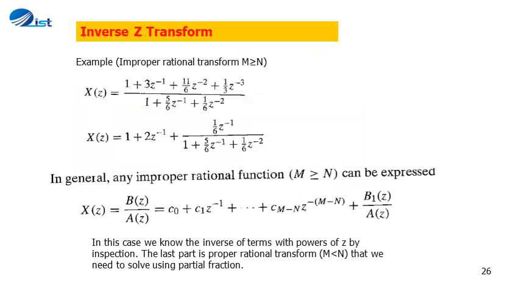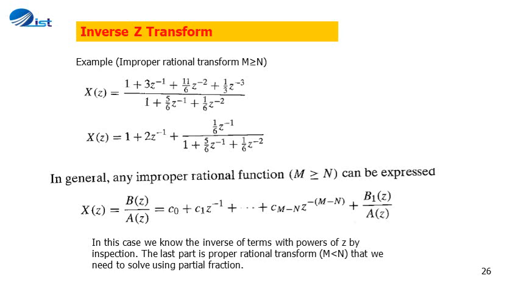This slide contains an example of X of z in which the degree of the polynomial in the numerator is 3 and in the denominator is 2. So in this case, the first step is to divide the numerator polynomial by the denominator polynomial. This should not be difficult for you, and if it is, you can look back to the division example that we did for power series expansion.